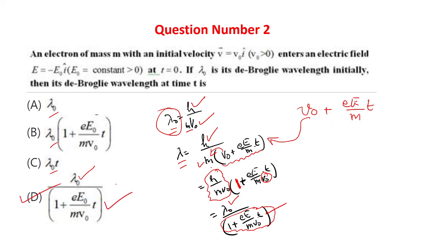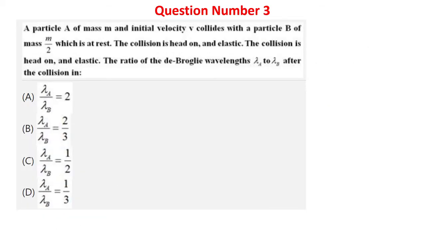Okay, now question number 3. A particle A with mass m and initial velocity v collides with a stationary mass m by 2. This is mass m and second mass is smaller one, that is m by 2.